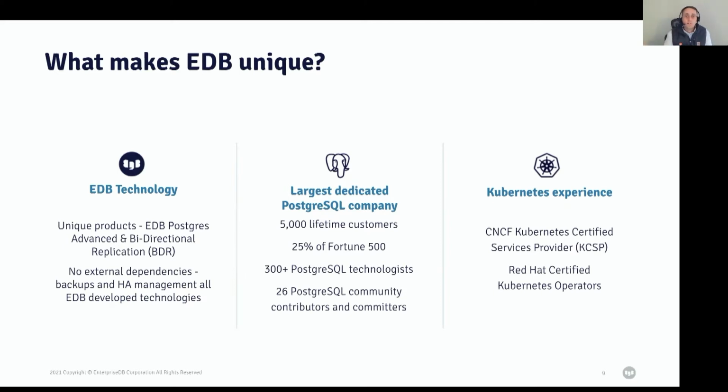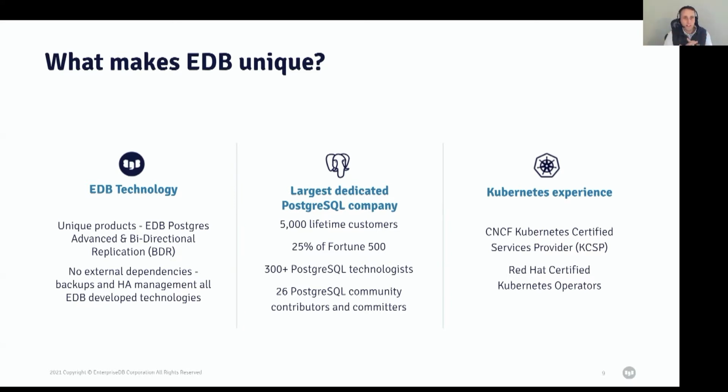These are all technologies developed within EDB for open source tools. These are tools that are maintained by EDB. And the HA components are baked into the operator itself, and those are designed and written by EDB staff. So we didn't have to go hunting around GitHub, looking for a project that has backups, looking for a project that has HA, and try to glue them together with an operator.